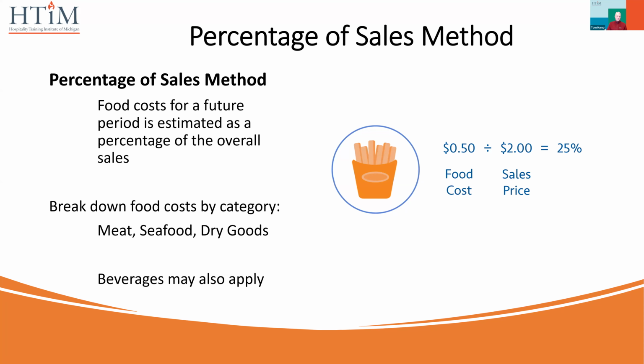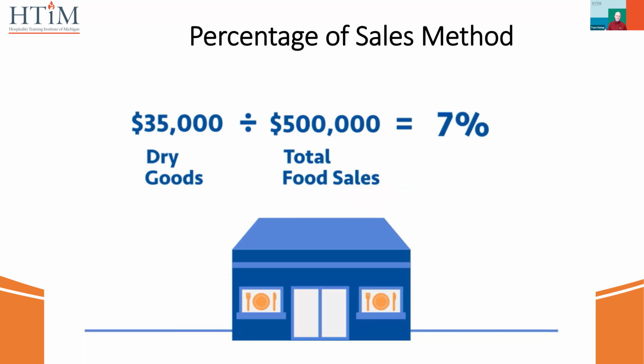So let's put some more numbers to it. If we're looking at our percentage of sales method, we take the cost of our dry goods divided by our total food sales, and we know that our dry goods probably are going to run around 7% of our total. That probably won't fluctuate a lot. If it does, we might need to look into it for some type of variance or error. But overall, you should probably know my dry goods typically run at 7%.